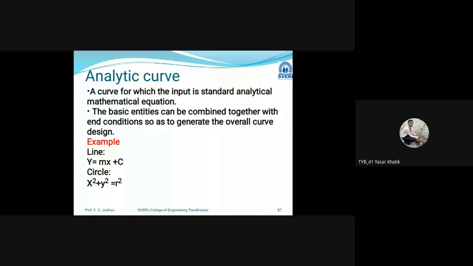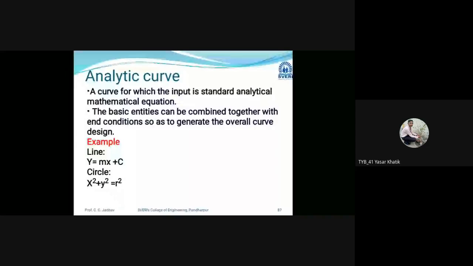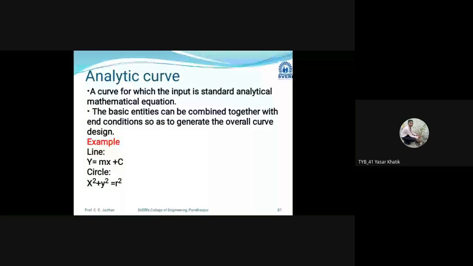From this equation we can easily draw a line. Then for a circle, x square plus y square is equal to r square. If you know the x and y coordinates and the radius, then you can easily draw a circle. These are some standard formulas for the given conditions, and with the help of these standard formulas we draw the curve.